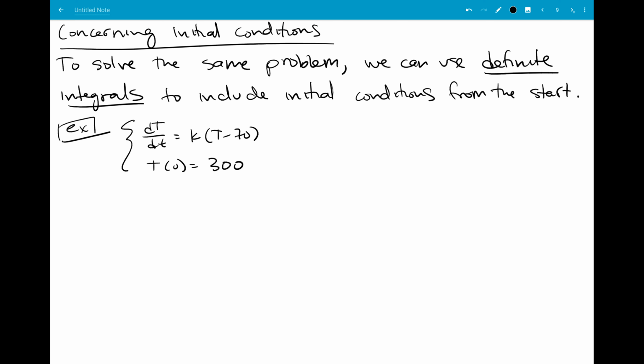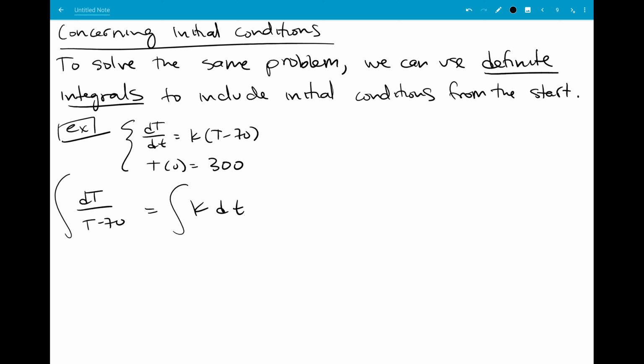And we had gotten it into the form dT over (T minus 70) is equal to k dt, and then we integrated it. Last time we integrated it and had unknown constants. But this time, I'm going to make these definite integrals.